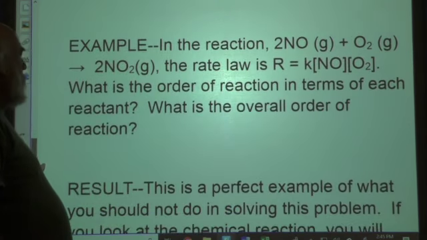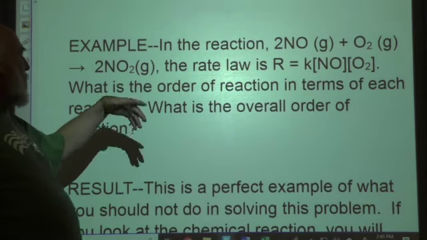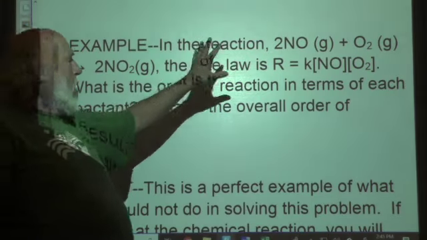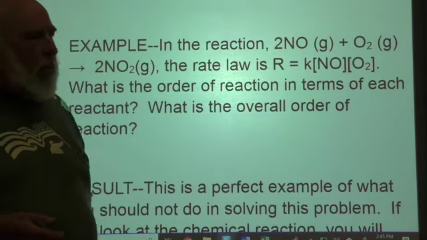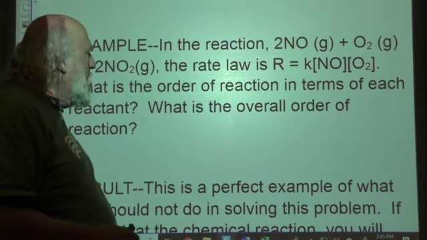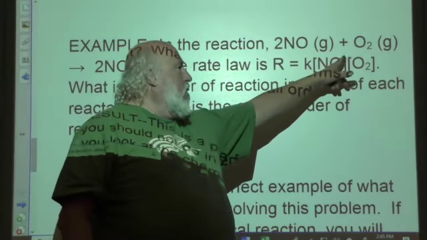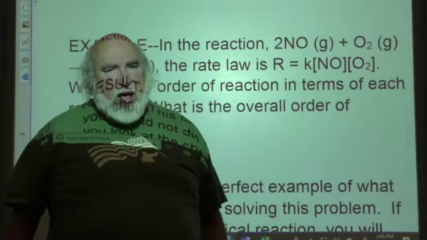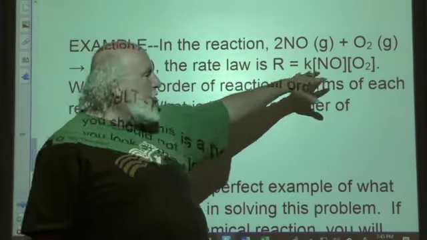So this time we'll give you an actual reaction, and that is the production of NO2 from NO and O2. Now the reason why I'm using this example is because a lot of times people will think that because this has a 2 in front, that becomes an exponent over here. And there's no correlation between the equation coefficients and the exponents.